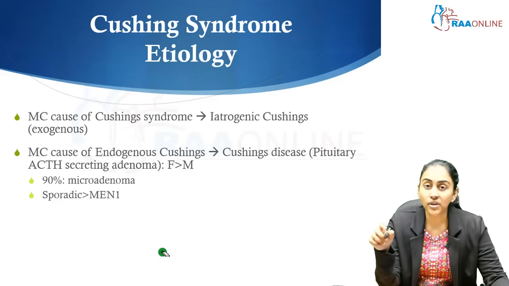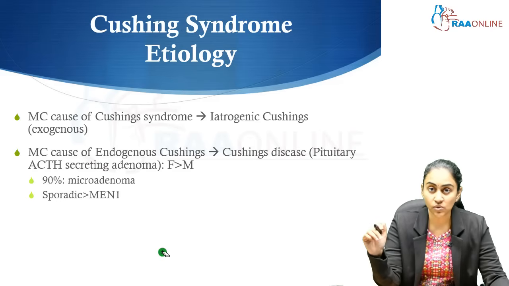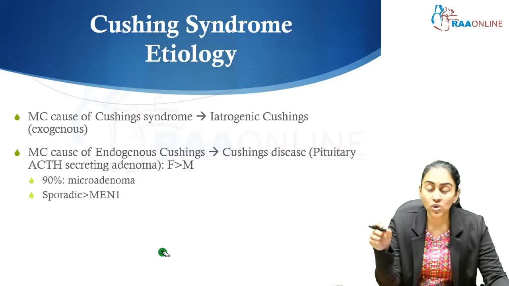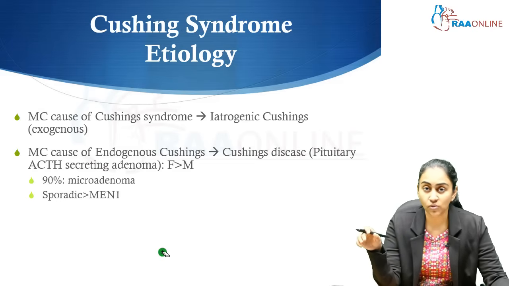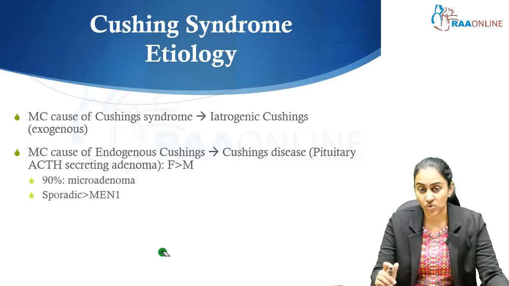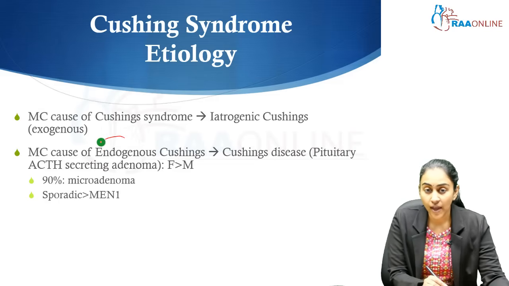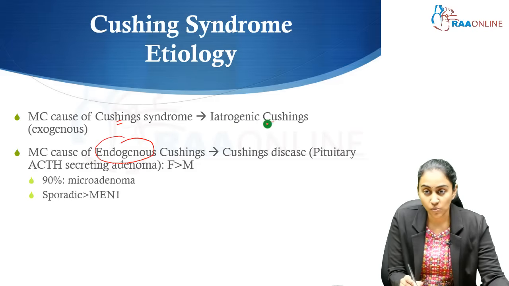Now, the most common cause of Cushing's per se is exogenous. But the most common cause of endogenous Cushing's is going to be a pituitary corticotrope adenoma. So, an ACTH secreting tumor in the pituitary is the most common cause of endogenous Cushing's. So, overall, exogenous Cushing's is the most common cause. Amongst the endogenous Cushing's, pituitary Cushing's, which is also called Cushing's disease, is the most common cause.